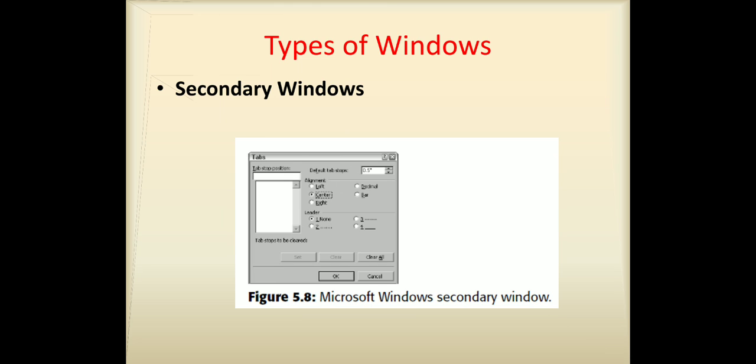So when to use secondary windows? For example, for performing subordinate, supplemental or ancillary actions that are extended or more complex in nature or related to objects in the primary windows, then you can make use of secondary windows. And you can also use secondary windows for presenting frequently or occasionally used window components.